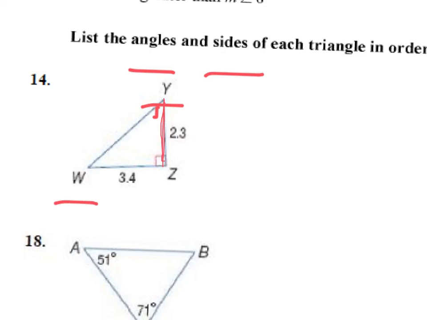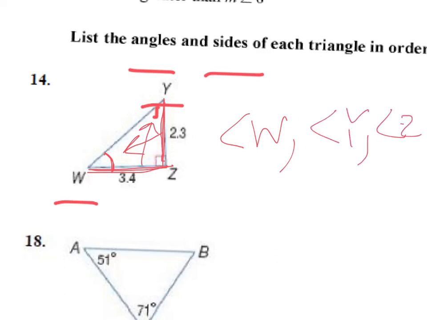This side is 3.4. 2.3 is smaller, which means the angle opposite 2.3 is the smallest angle, which is angle W. 3.4 is opposite angle Y, and we already said that angle Z was going to be the largest angle.